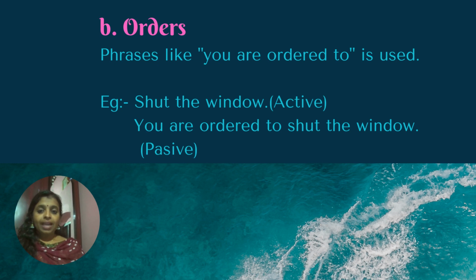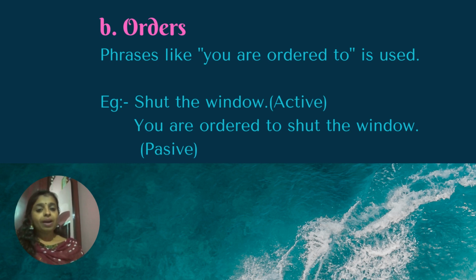Okay. And phrases like you are ordered to are used while we are transforming an active order into a passive order. Okay. For example, shut the window. It's an active sentence, and the passive form of this order is you are ordered to shut the window.